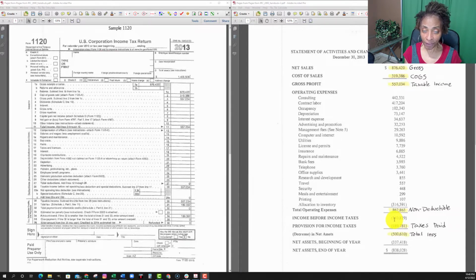This is what you call phantom income, because they actually spent all of that money on operating expenses, and even more than the $557,000, which means they have to somehow come up with $189,000 to pay taxes, considering that they actually had a loss. This is how 280E affects your tax return on a federal level.